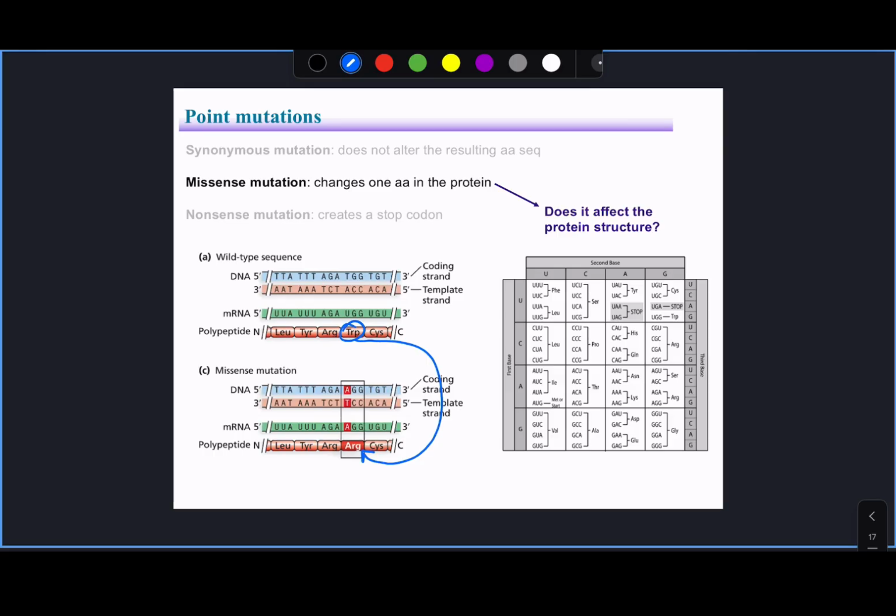But what if that amino acid change makes that protein longer lived or more active or, I don't know, less amenable to targeting by a virus or something like that? In any of those cases, that missense mutation could have a beneficial effect. So for synonymous mutations, we knew they're neutral. For missense mutations, they could be anything.